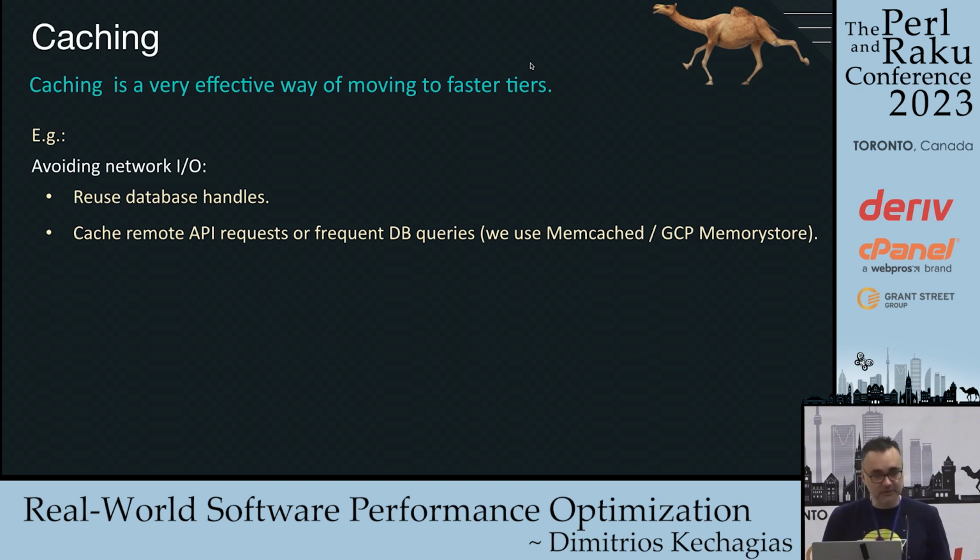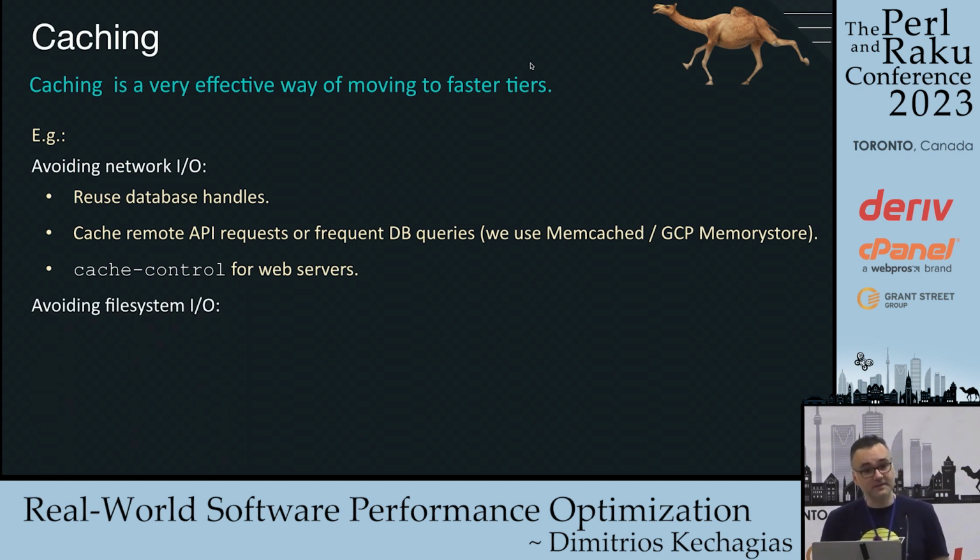You can cache remote API requests to your local memory or file system, depending on the size. You can cache frequent DB queries. At Spectrum, we use Memcached or GCP memory store for that. You can use cache control if it's a web server, so the client doesn't even request things from you.